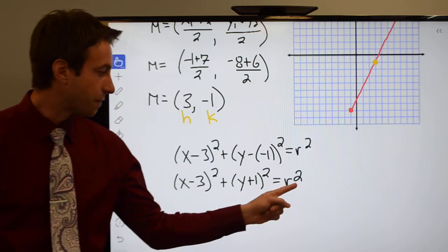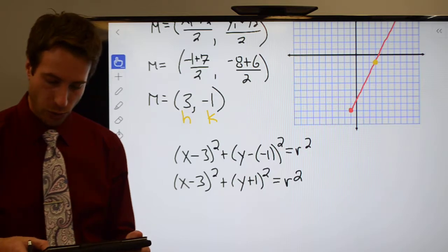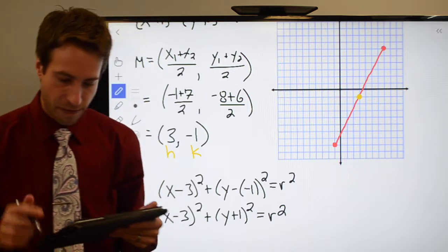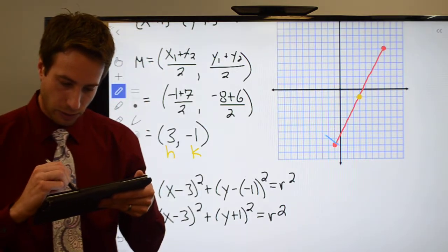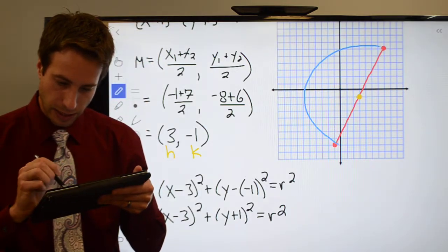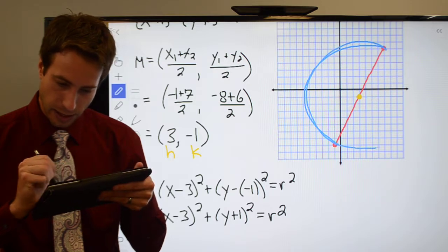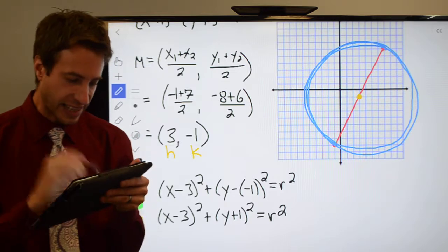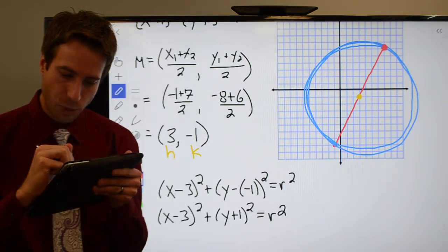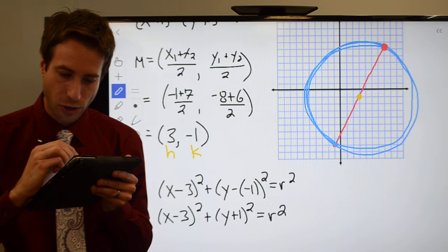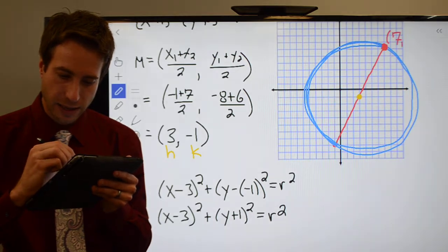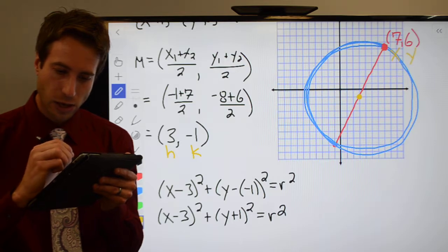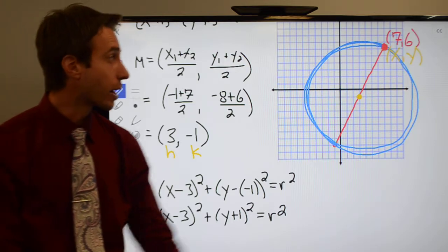Okay, so I need to find r squared, but look at what I know. This is the diameter of my circle, which means my circle does something like that. Anyway, the point is this: there's a point out here on the edge of my circle, which is at 7, 6. Remember, that point we can call x, y.